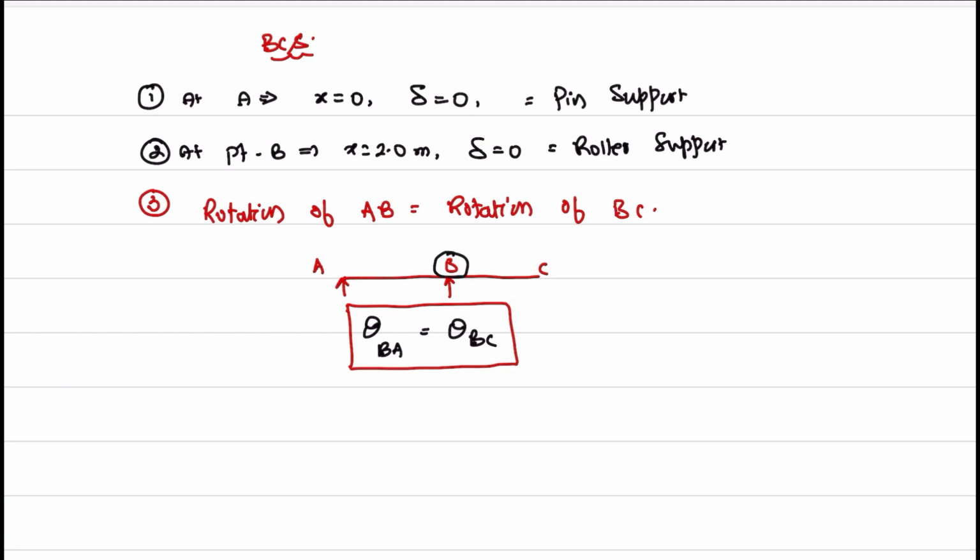The question can be framed like this: which property of the beam at point B is valid?